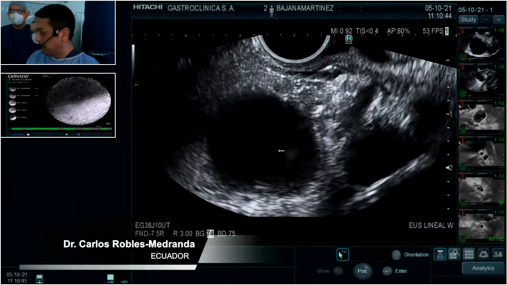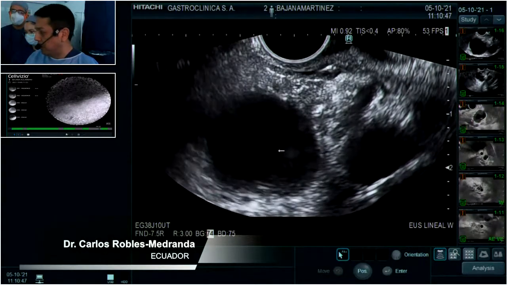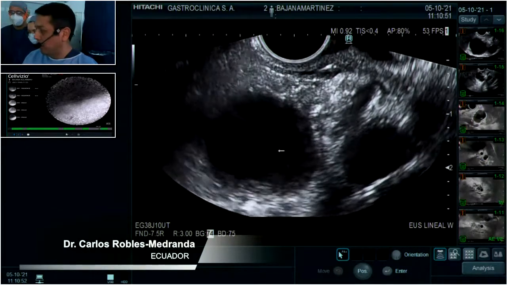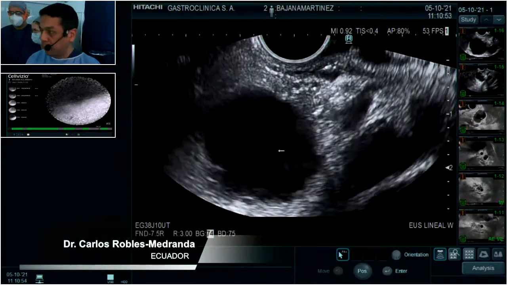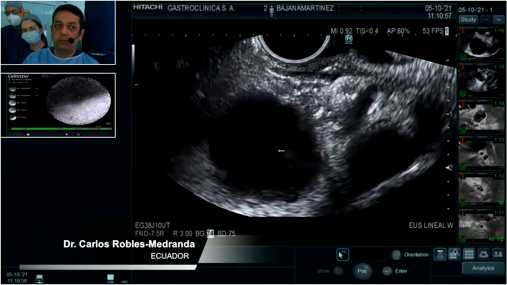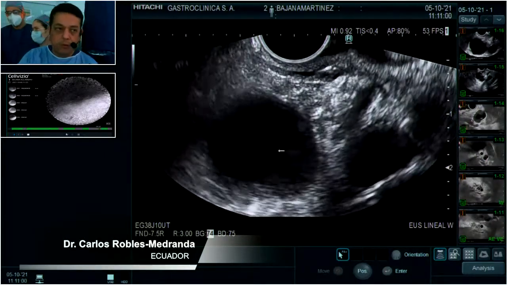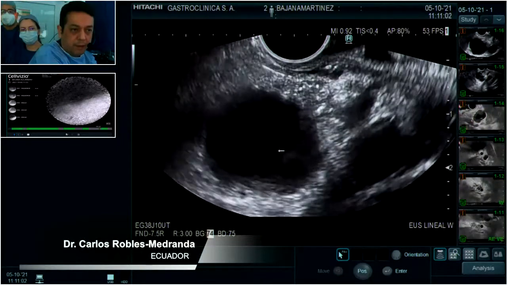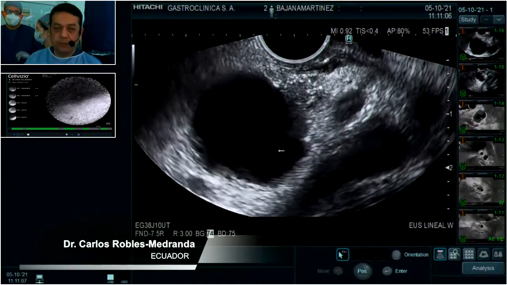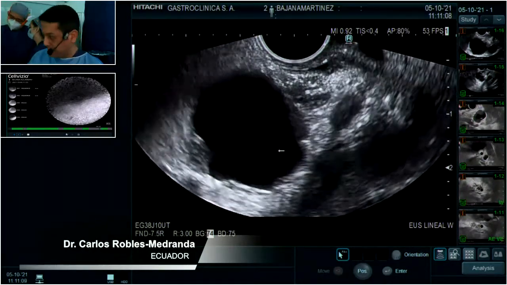So for the moment I will do some biopsies from the lesion, and then I will do an aspiration, because it's very important to do an aspiration also of the liquid. All the tissue or examination that you can have will increase the results of your diagnosis.